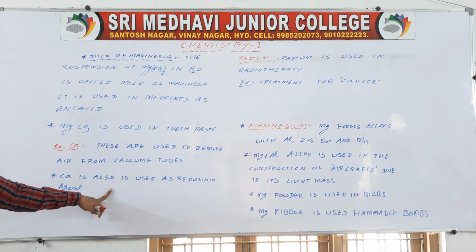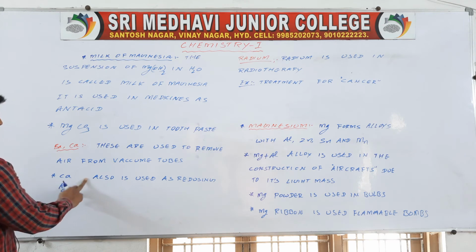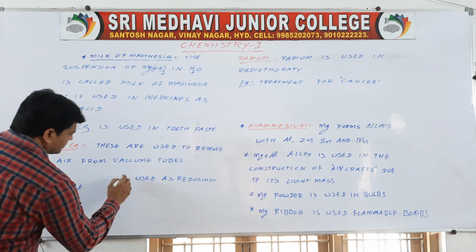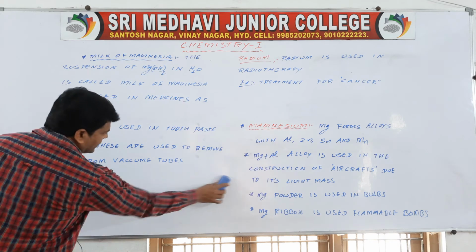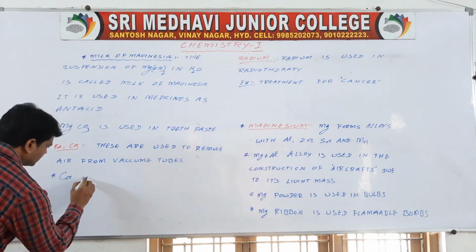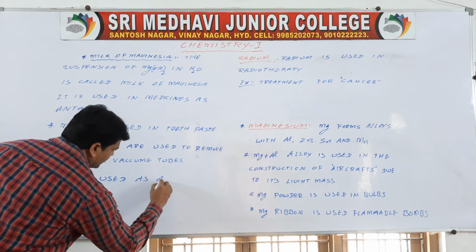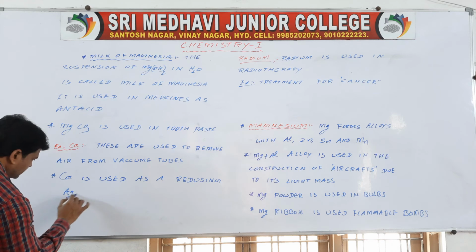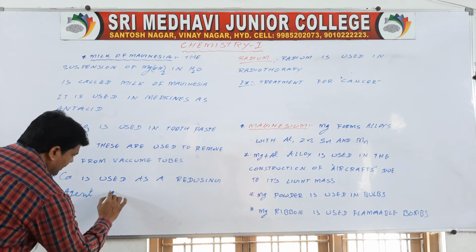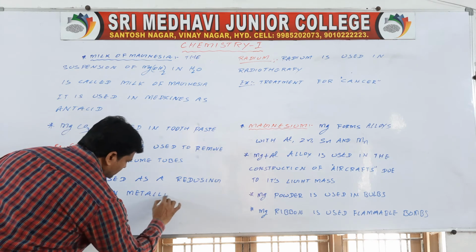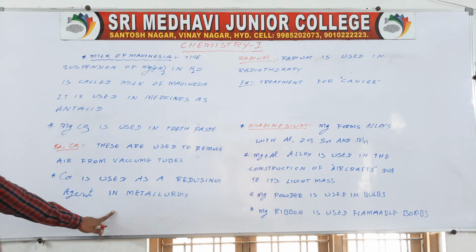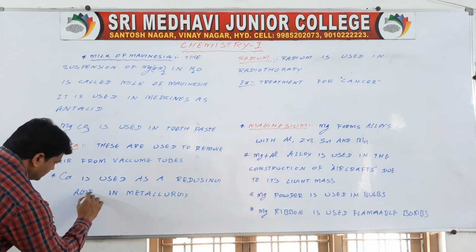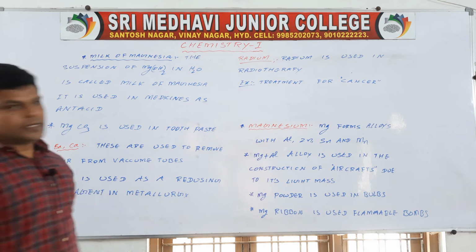And calcium is used as a reducing agent in metallurgy.